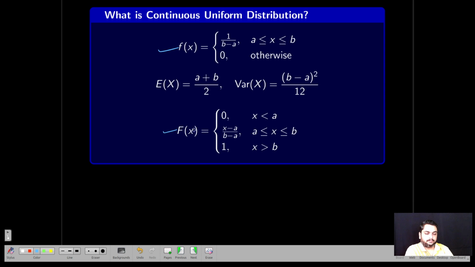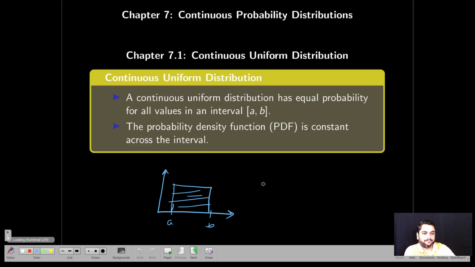And the cumulative distribution function CDF is given as capital F of x equal to 0 if x is less than a, or (x minus a) by (b minus a) in the given interval a to b, else it is 1 for greater than b. What it means is, below a it is 0 because it is not under my curve.